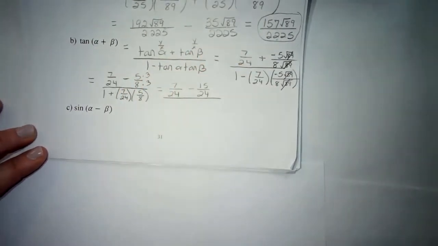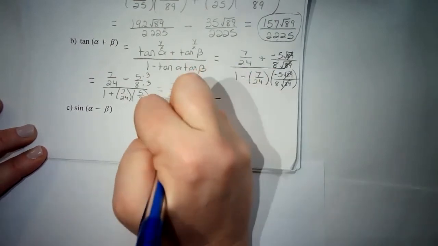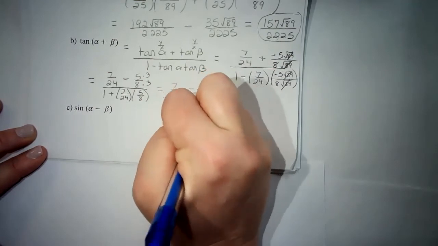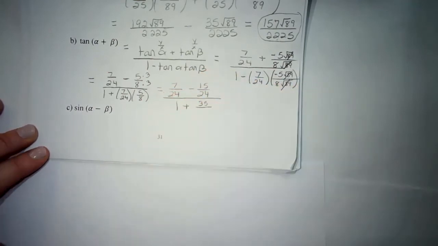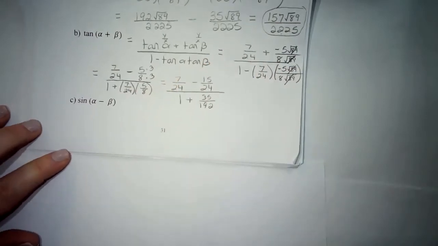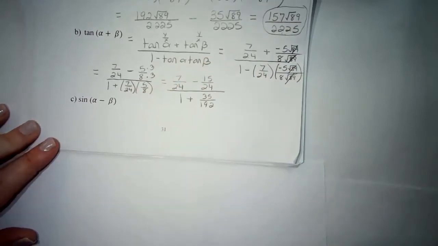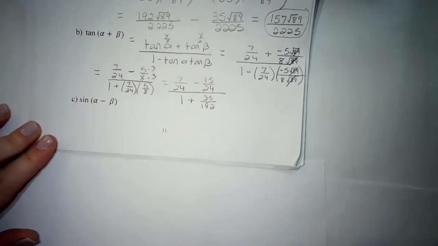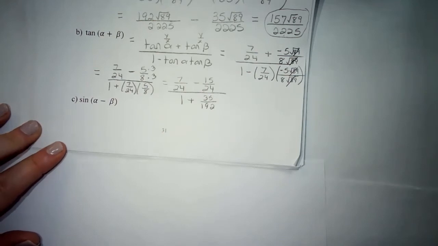Okay, we can combine him. Down here, I'm going to have 1 plus. I'm going to multiply the tops, that's 35, over 24 times 8, which is 192. Okay, this is why you got to take college algebra before you get into trig. It's not the trig that's hard, it's this algebra. That's just a pain in the butt, right?